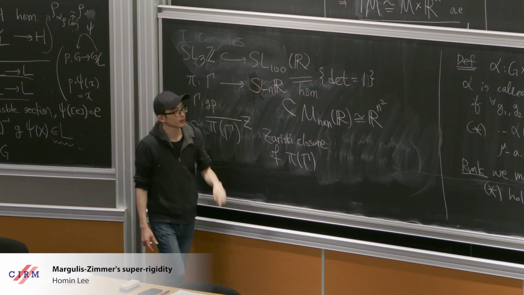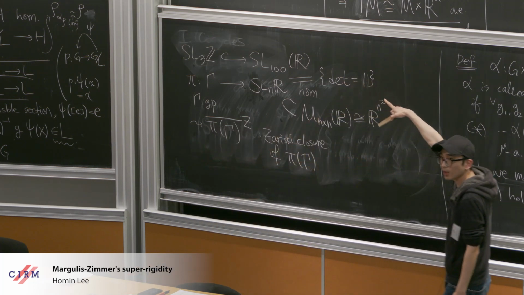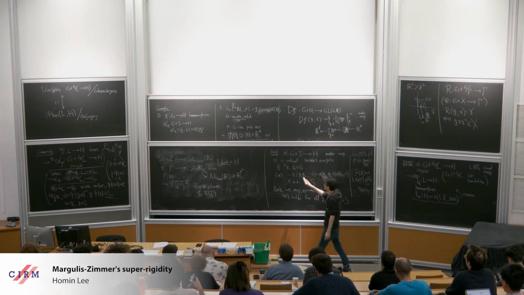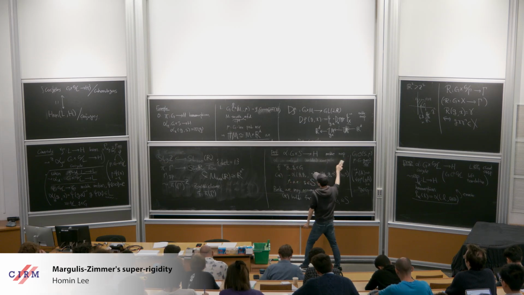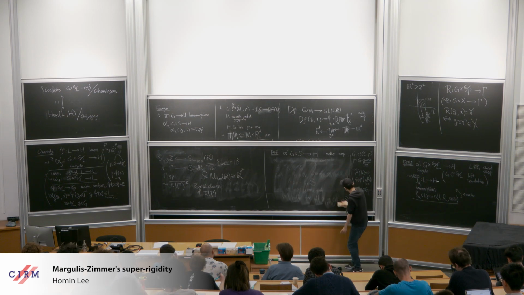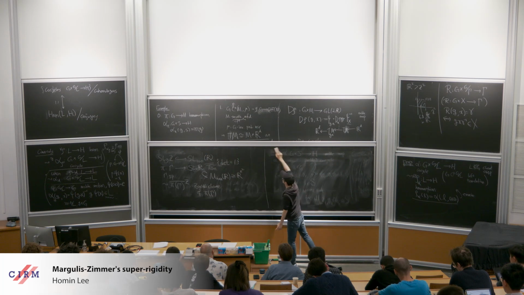This is too large. As I said, the cocycle is somehow the general version of the homomorphism, so I want to define a similar notion of Zariski closure for the cocycle. Now I want to define one terminology which is quite technical.